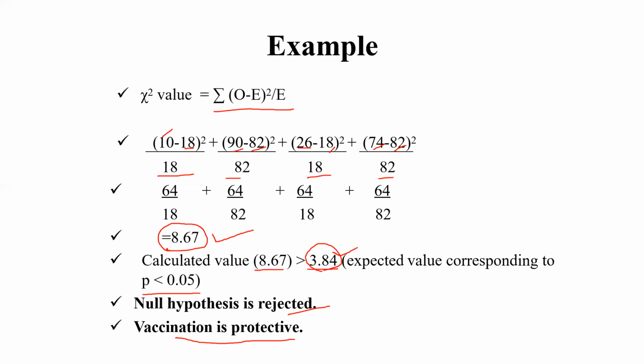If the calculated value is greater than the tabulated value, then we reject the null hypothesis. And if we are using the modern method, software, we directly find the p-value, and if the p-value is less than 0.05, then again we can reject the null hypothesis. This is the basic difference: here calculated greater than tabulated, and here p less than 0.05.